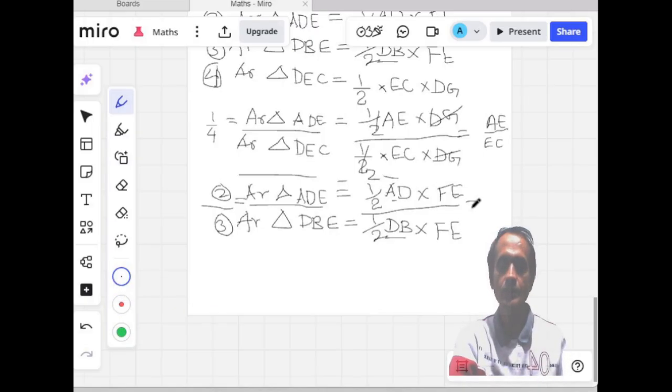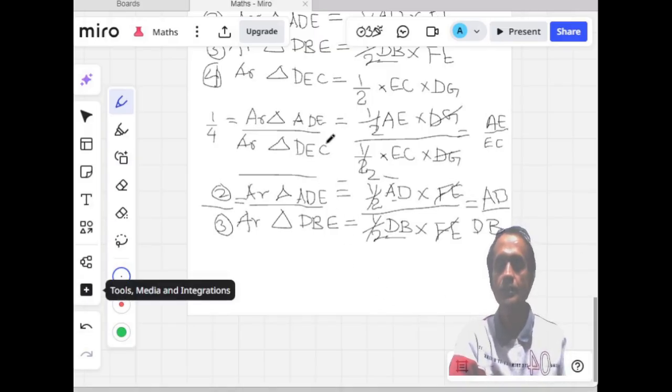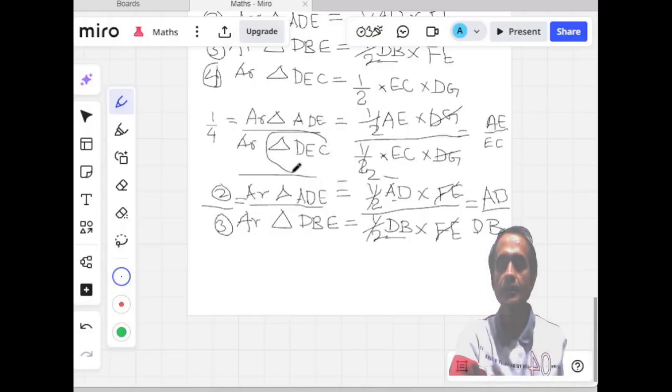So FE cuts, these being positive numbers, and half and half cut. So we get AD by DB. But we observe that the area of triangle DEC is equal to the area of triangle DBE.